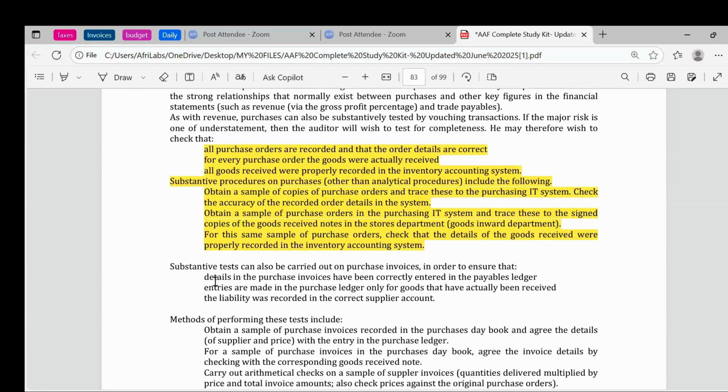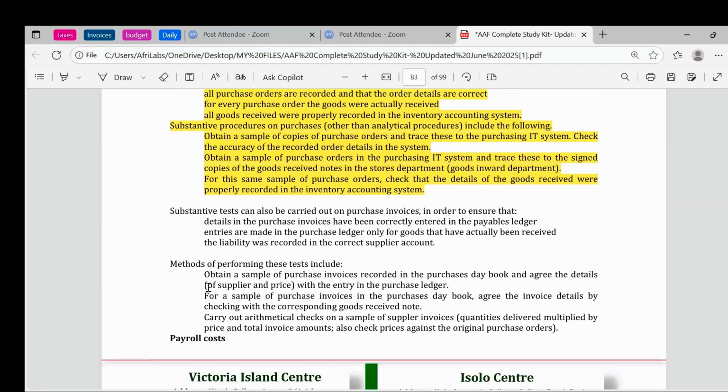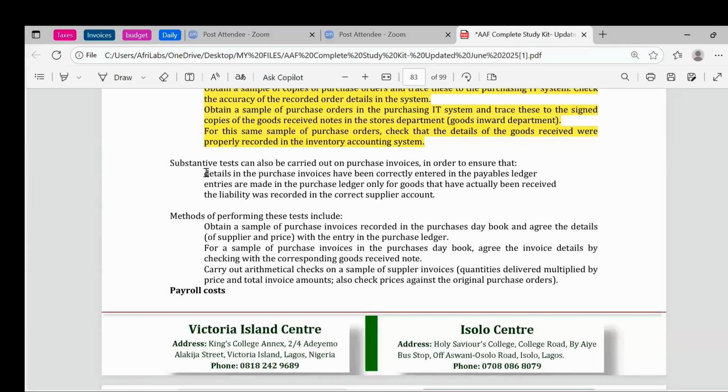Other procedures, you also want to check that they've been properly entered into the payables ledger. That's the classification. You want to check that entries were made for goods that were actually received and recorded in the original correct supplier's account. This one is showing you occurrence.